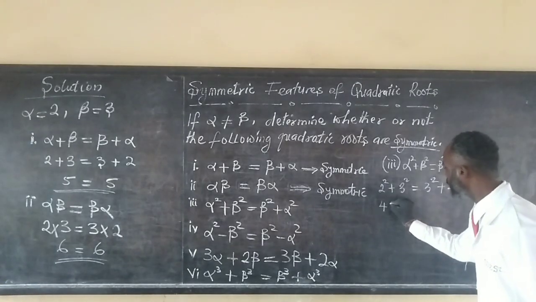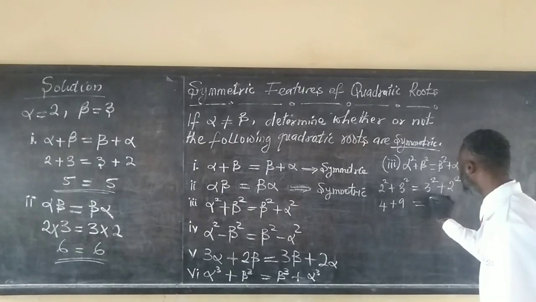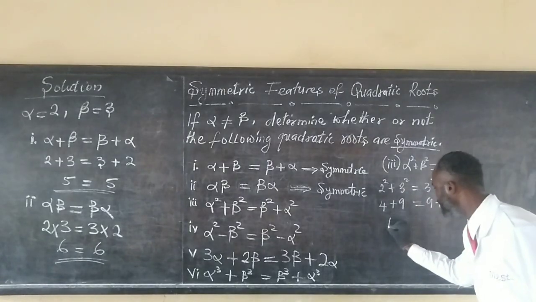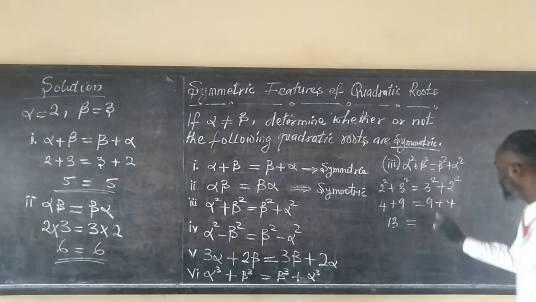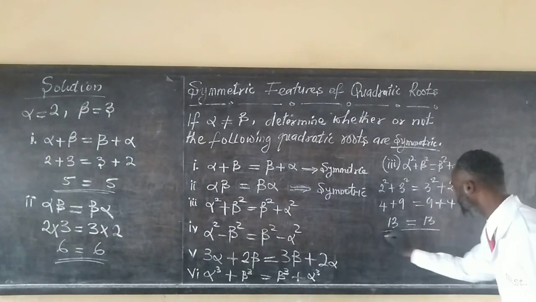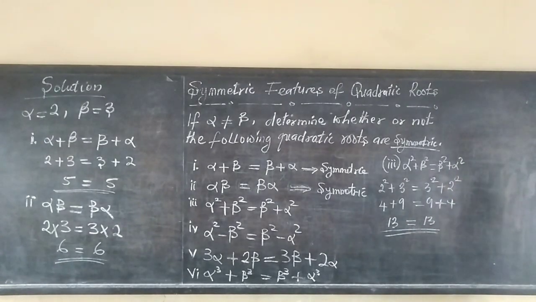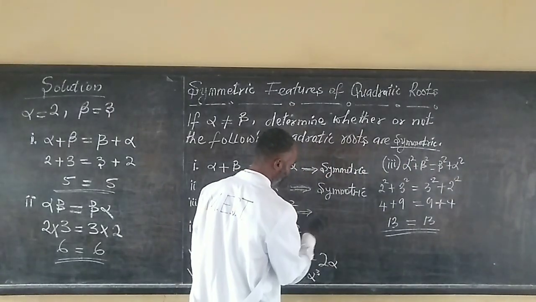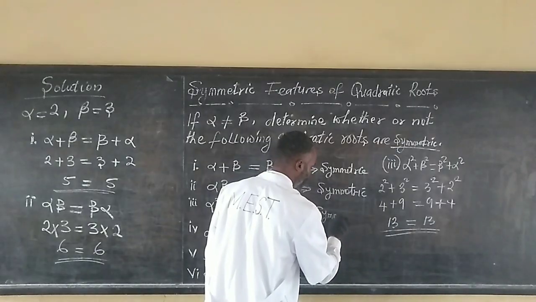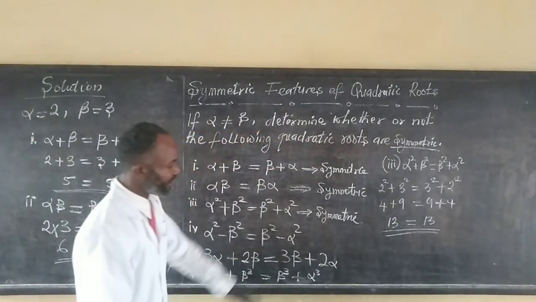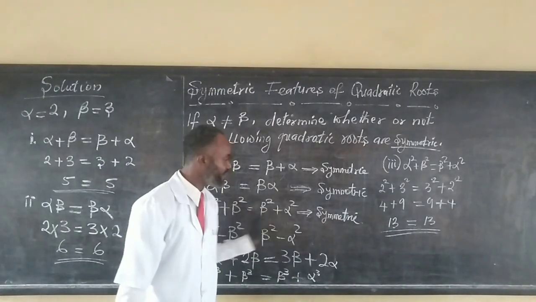This is 4, this is 9, this is 9 and this is also 4. 4 plus 9 is 13, and 9 plus 4 is also 13. We can see that feature number 3 is also symmetric. We continue that way until we are through with all of them.